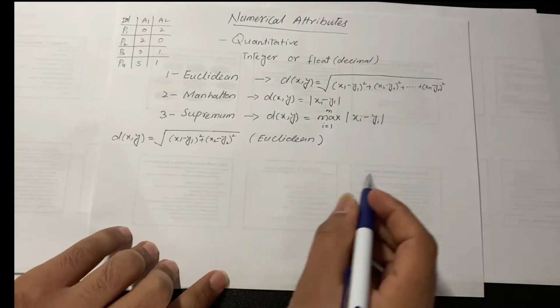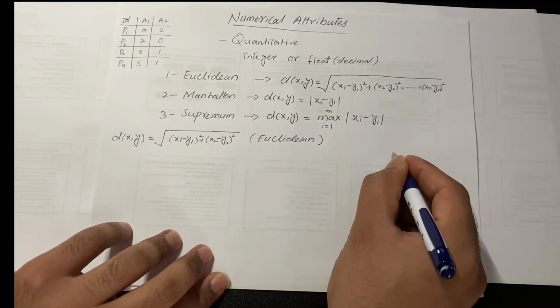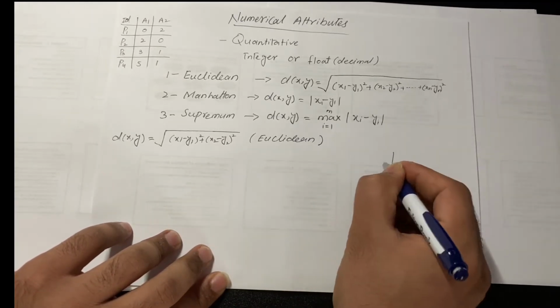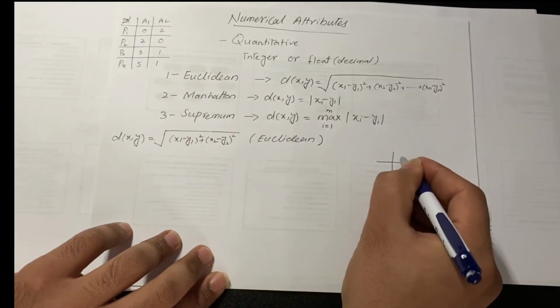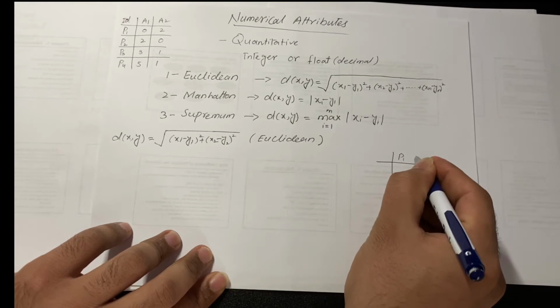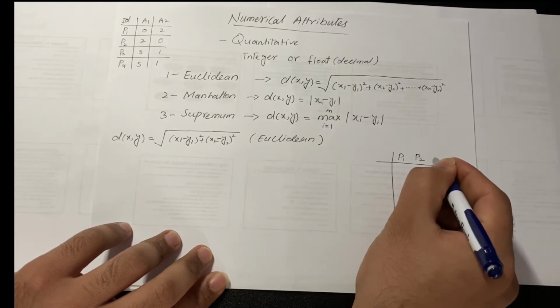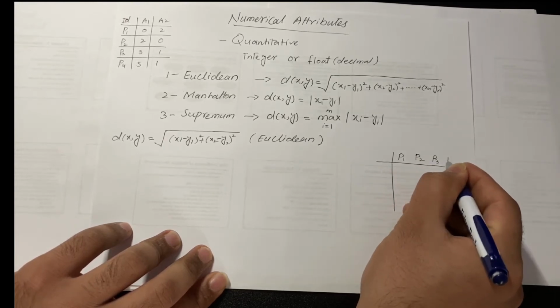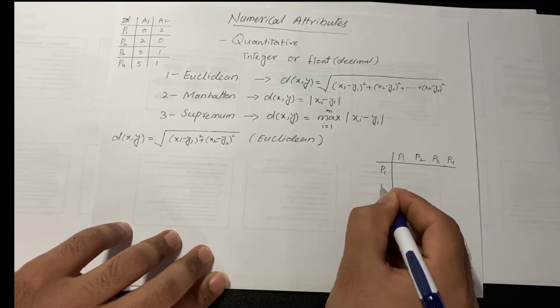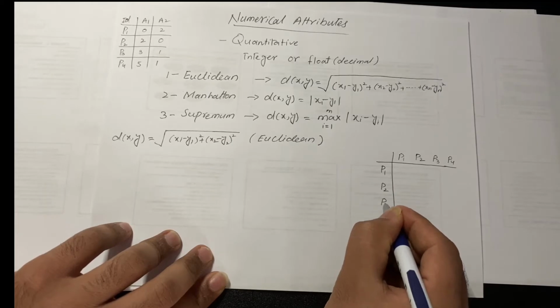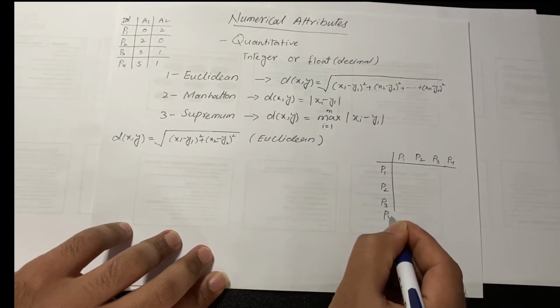For that, first we will create a data matrix. We have 4 data objects, 1, 2, 3 and 4. So I will create a 4 by 4 data matrix, P1, P2, P3 and P4.